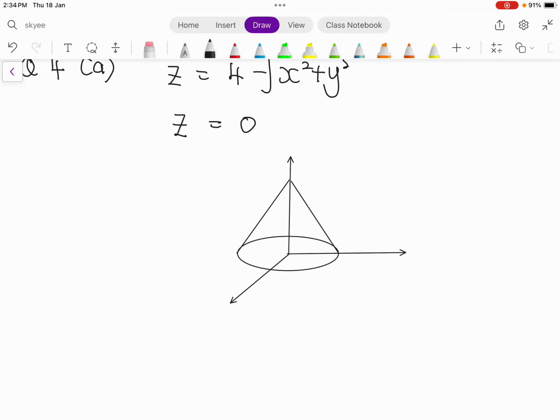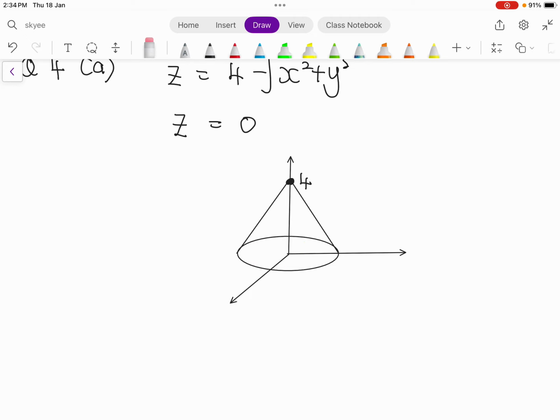So this is the cone. This point is 4: when x and y are 0, you have z equals 4. The plane z equals 0 will be this part.